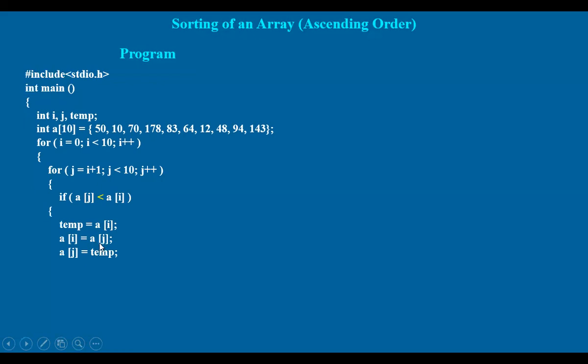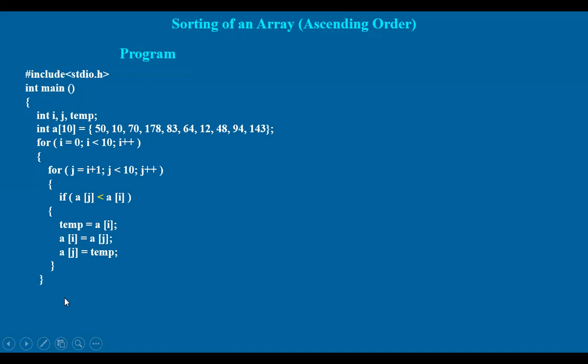And A[j], that is this second number 10, is assigned to A[i]. That is taken as the first number now. Now the number which is kept aside, that is 50, is now assigned to A[1]. Now this loop is complete.